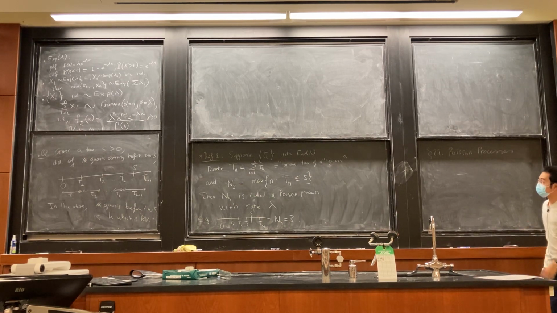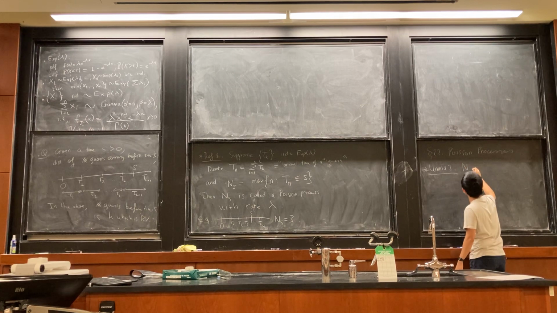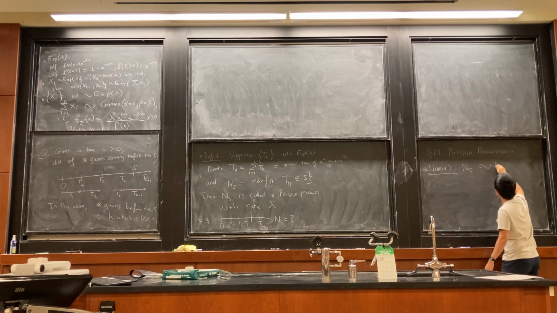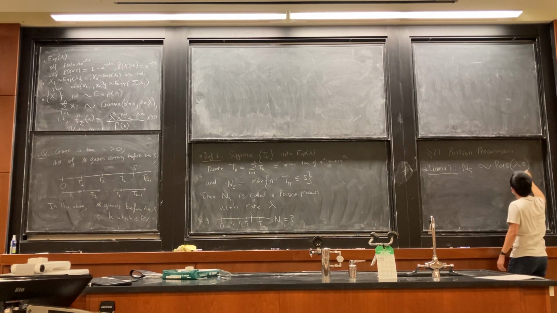That is definition one. So now, definition two. The truth is N_s is a Poisson with the rate lambda s.